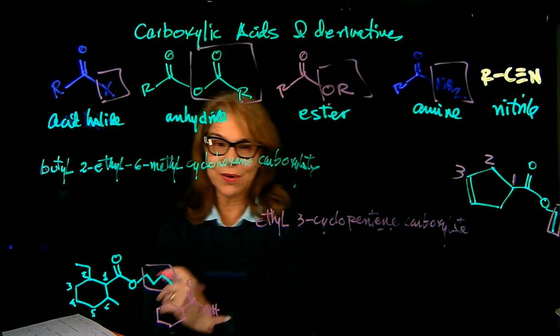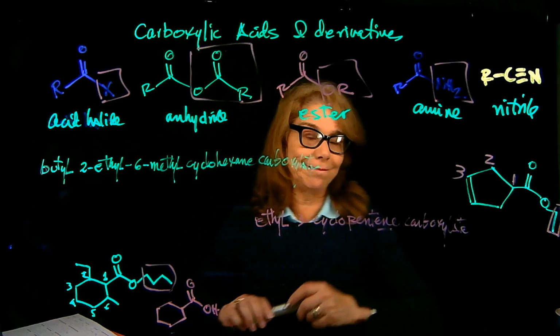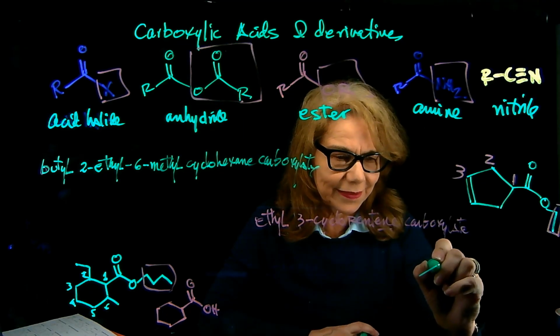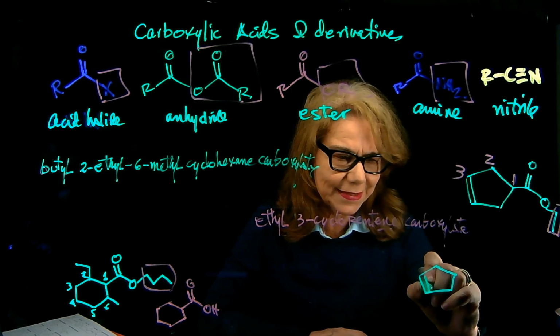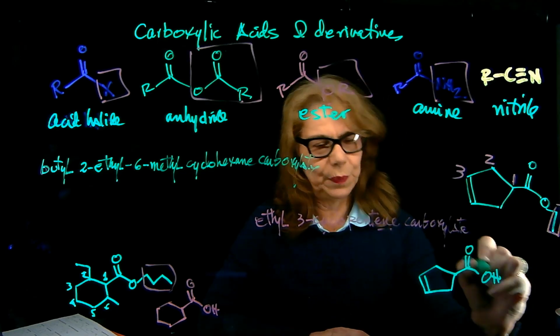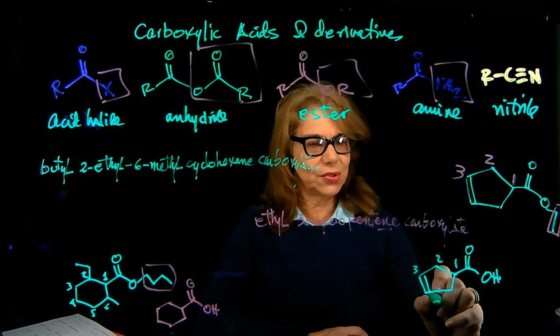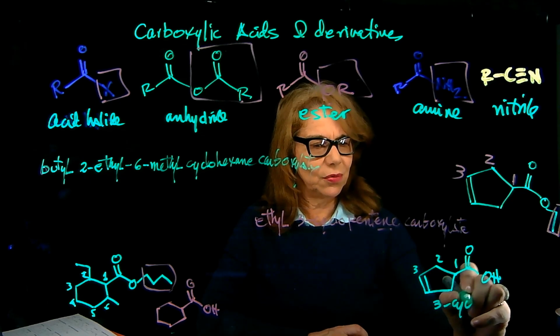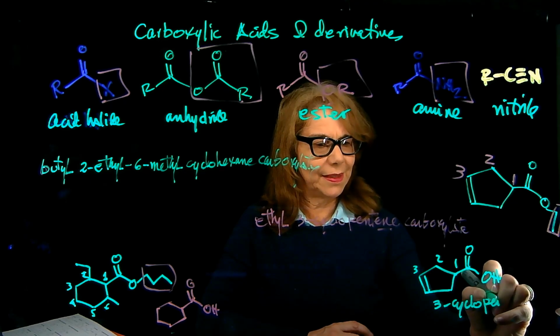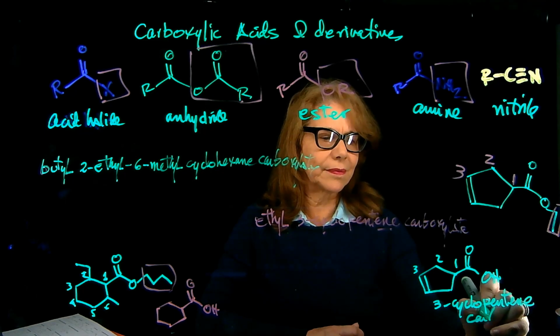So the strategy was the same. If I had the carboxylic acid, let's draw it like that, the parent carboxylic acid will be 1, 2, and 3, so this is 3-cyclopentene carboxylic acid.